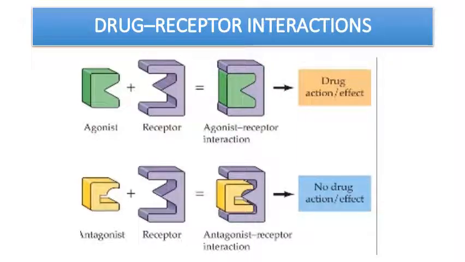Okay, so drug receptor interaction. For drug receptor interaction, the drug should have a characteristic that enables it to be fitted to the receptor. I guess you do know the lock and key phenomenon for the drug receptor interaction.